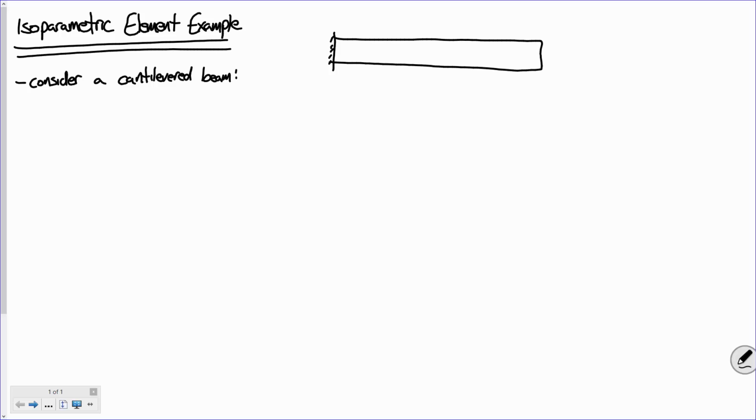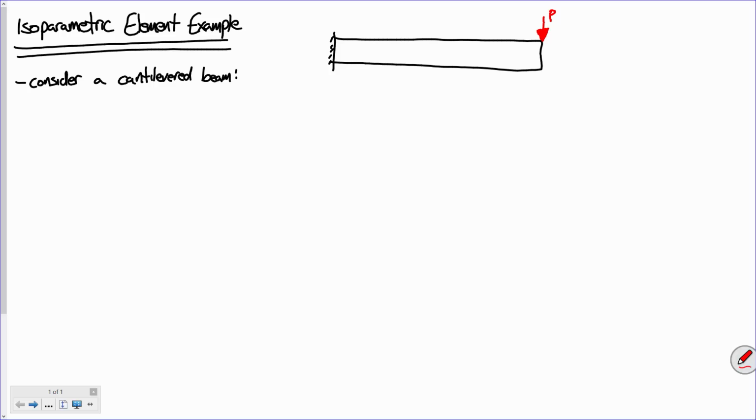Let's consider a cantilevered beam. So we've got a beam that looks something like this. It's fixed on one end, and we'll say we've got some load right here.